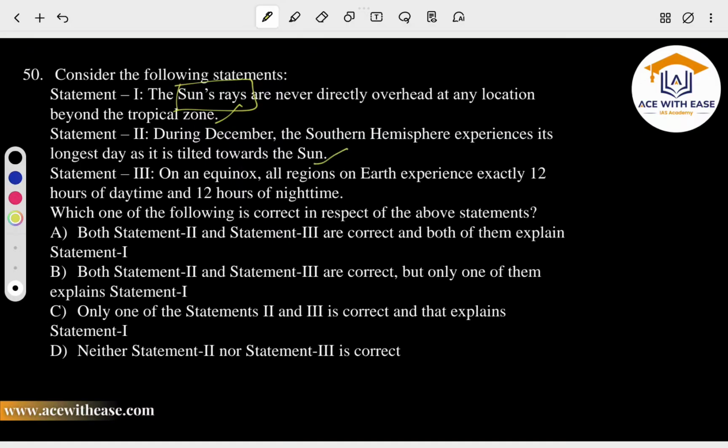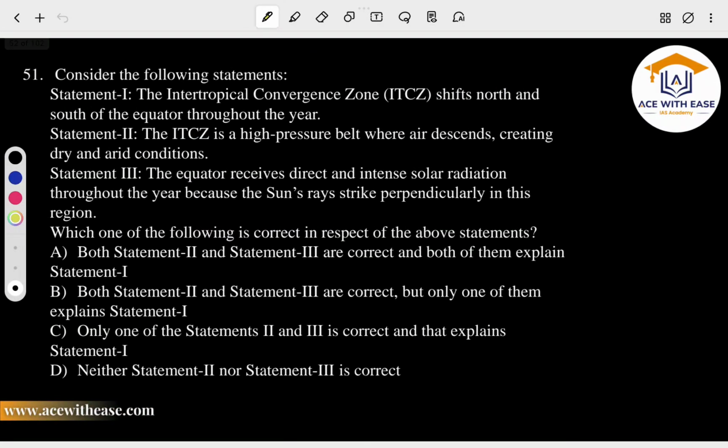Yes, in the southern hemisphere the days are longer than the nights. On equinox, all regions on the earth experience exactly 12 hours of daytime and 12 hours of nighttime. Now even the third statement is correct. So both 2 and 3 are correct, and one of them explains statement 1. 51.